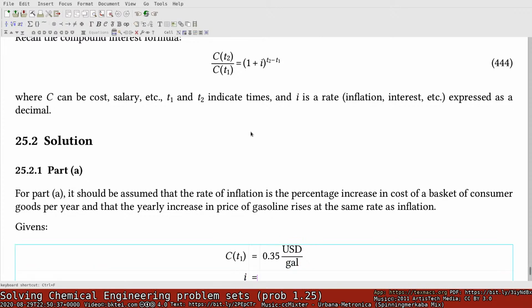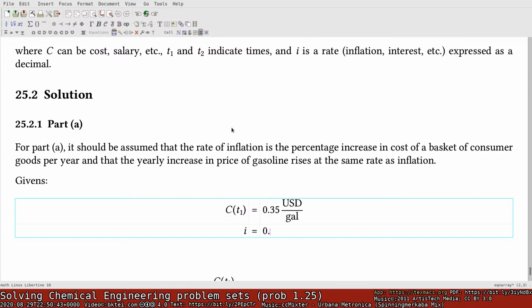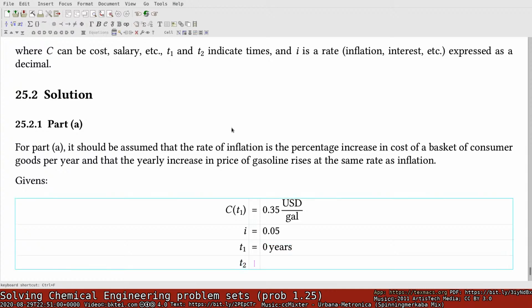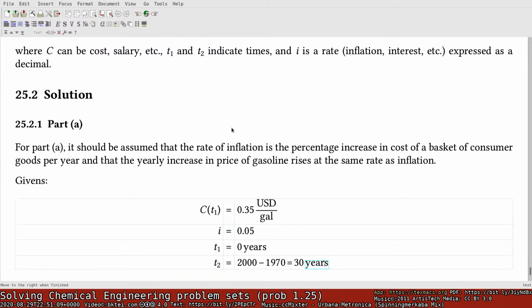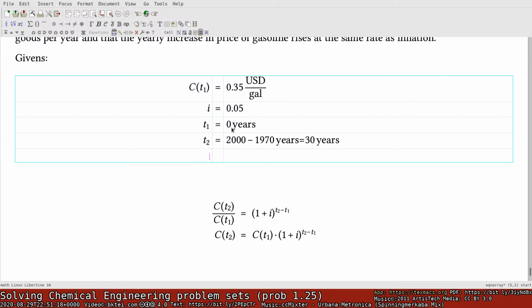And the rate is equal to 5% per year, so 0.05, I think. And T1 equals 0 years. And T2 equals 2000 minus 1970 equals 30 years. Do we have everything we need? Yeah, I think we do.